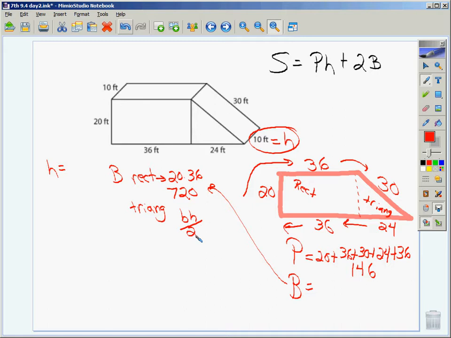The base of the triangle is 24. The height of the triangle is 20, divided by 2. So the base area is 720 plus 240, or 960.